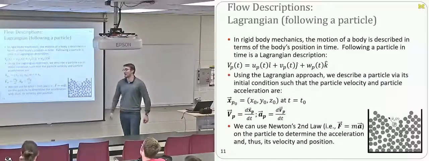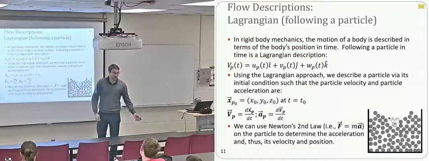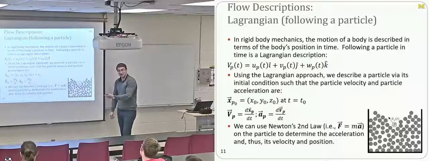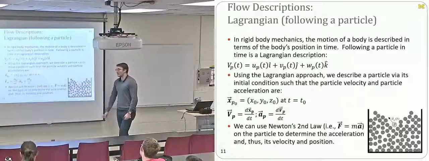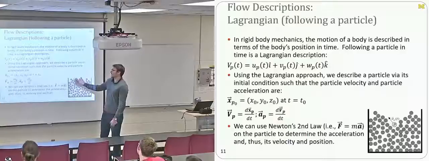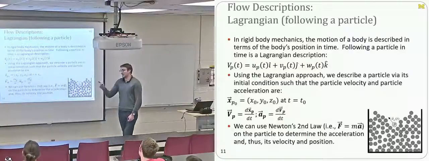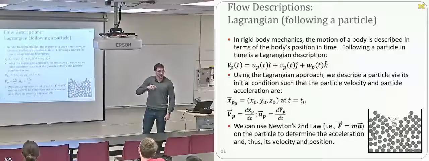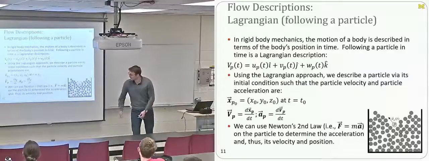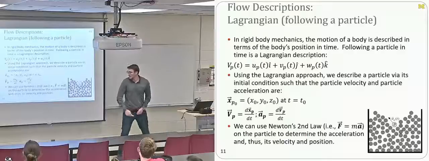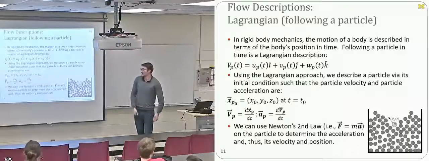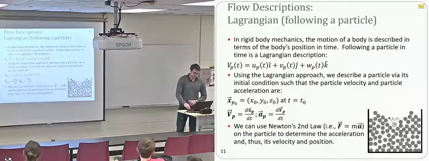If you throw a baseball and somebody says compute the trajectory or how far it went given an initial trajectory, then you're using the Lagrangian approach: I'm going to follow this object, see what forces act on it, and compute its resulting motion. This is where we apply Newton's second law to individual masses or particles and trace them through time.